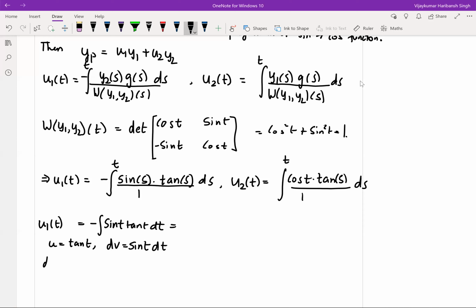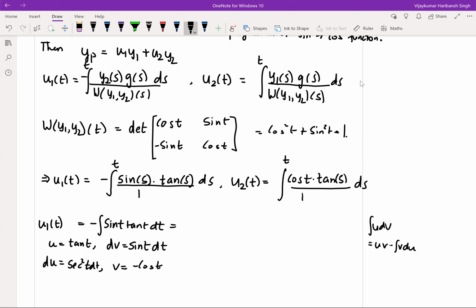Then you get du, the derivative of that, which is secant squared t dt, and v is going to be minus cosine t. So what is the integral? u dv is uv minus the integral of v du.